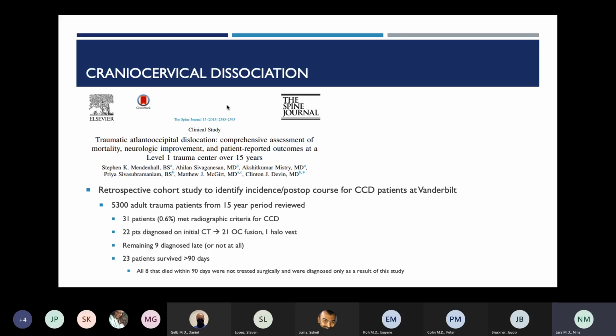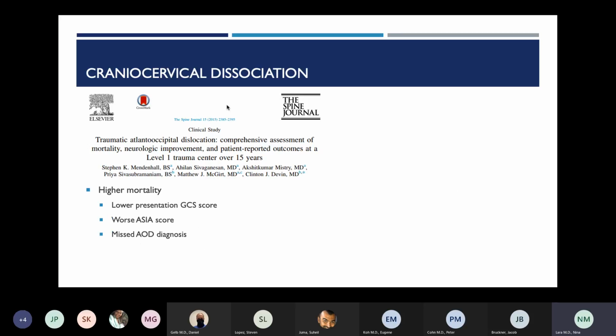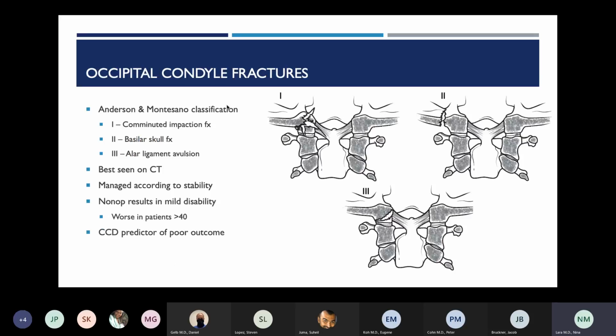All 8 that died within 9 days were not treated surgically and were diagnosed only retrospectively as a result of the study. They found a higher mortality rate with lower presenting GCS scores, so obviously higher mechanism, higher injury severity score, and spinal cord injury led to higher mortality rates. They also found that misdiagnoses were associated with higher injury severity scores and a better ASIA score, patients who probably had distracting injuries and less focus was placed on their spine.